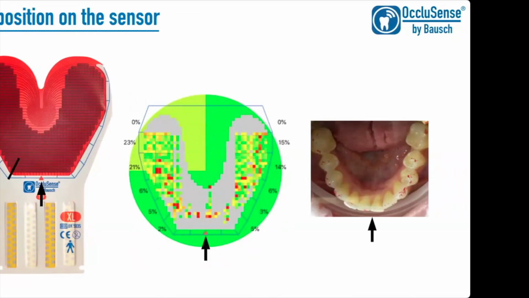And once this is the case, you are then able to directly transfer any notes and any points that you see onto your OccluSense reading. The scalings on the side of the sensor can then detect and trace back every single color marking on the patient's teeth right back into the OccluSense reading.